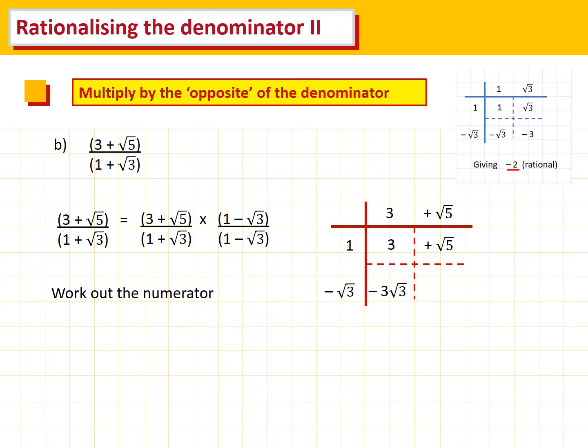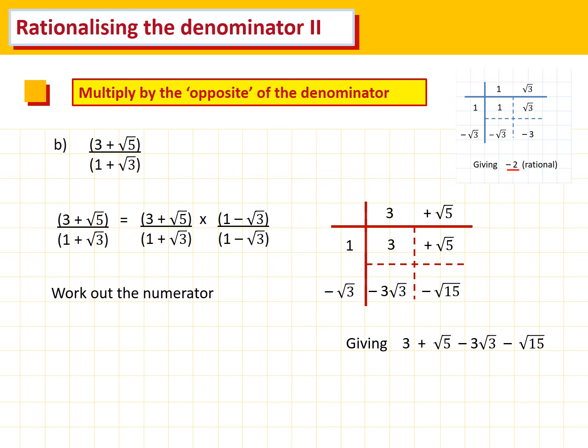And then finally, negative root 3 times positive root 5 is negative root 15. And so when we put those four things together, none of them go together. They're four separate things. We just end up with 3 plus root 5, subtract 3 root 3, subtract root 15.